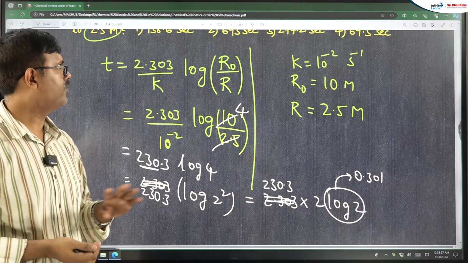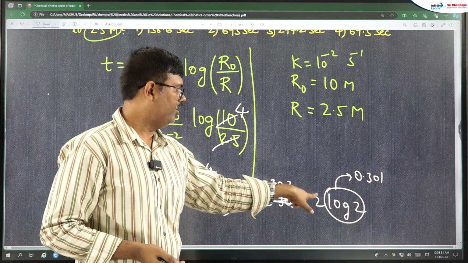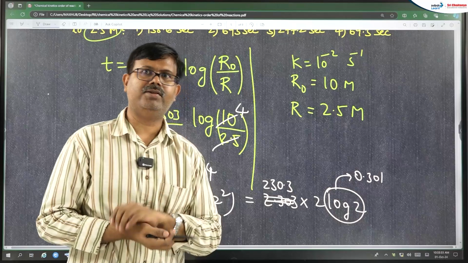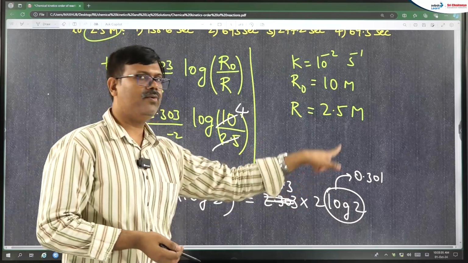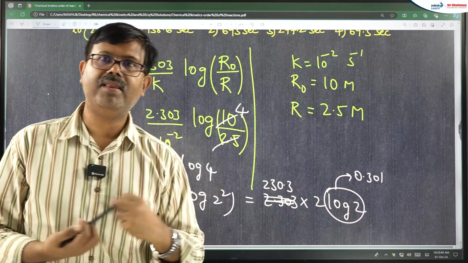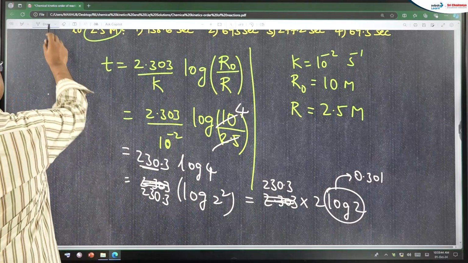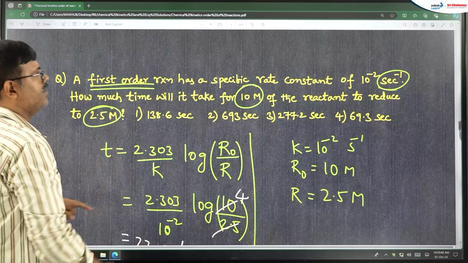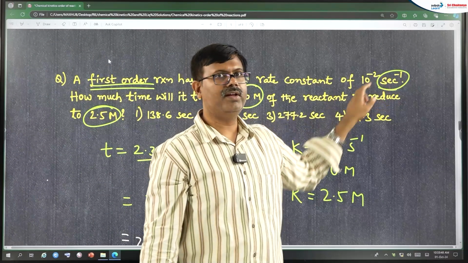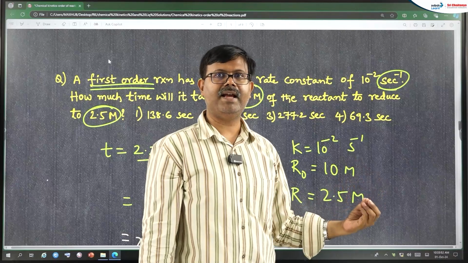So now 230.3 into 2 into 0.301. If you multiply these three quantities, that will be the answer, time. And what is the unit for that? See, what is the unit given for the rate constant? Second inverse. So therefore, we also get that many seconds as the answer.